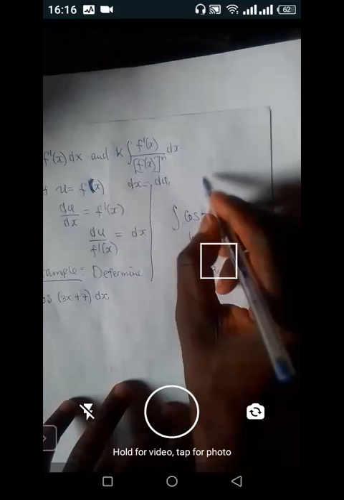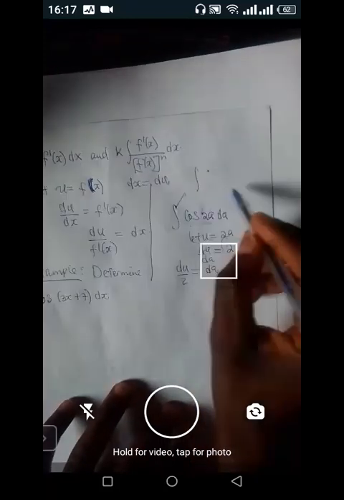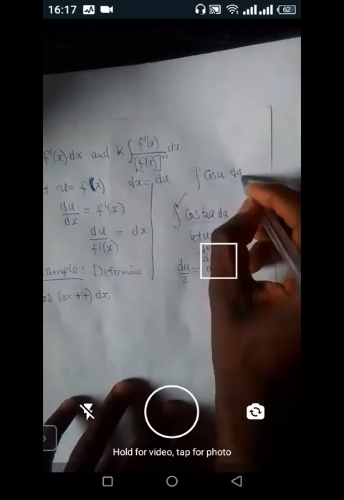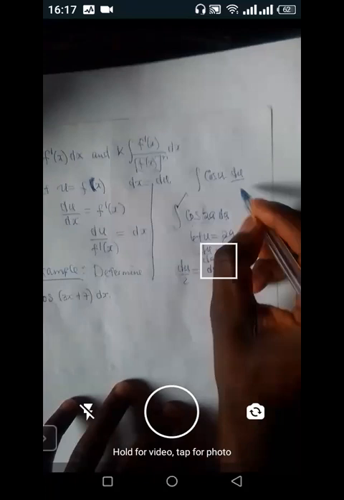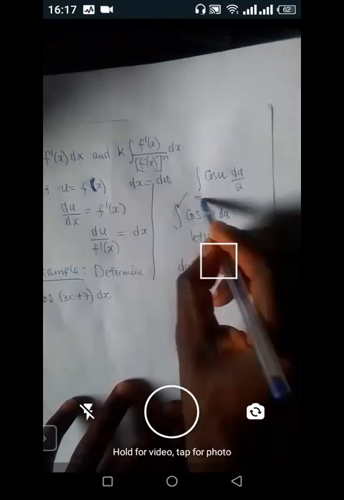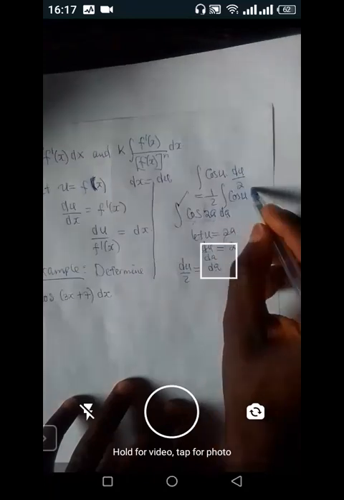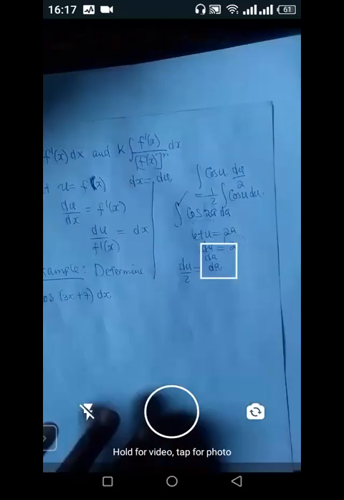Then you are going to have cos u, and the dA is du over 2. So this is equal to 1 over 2 the integral of cos u du. That becomes easy, and you can do the integration from there. So let's look at this specific example.